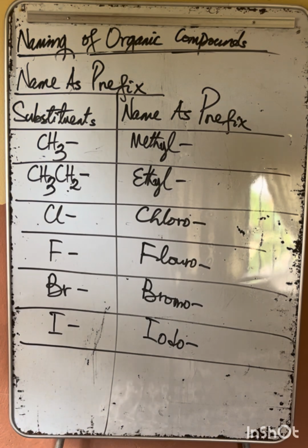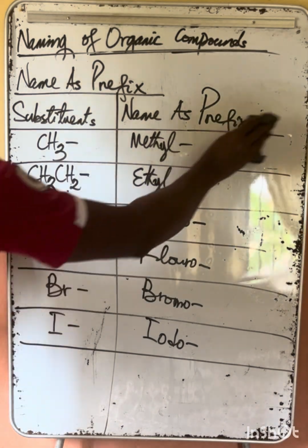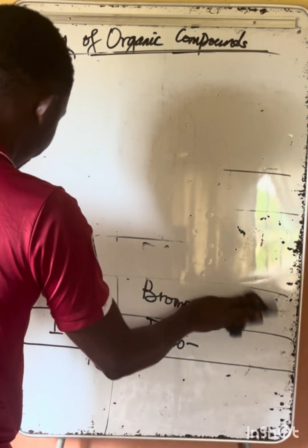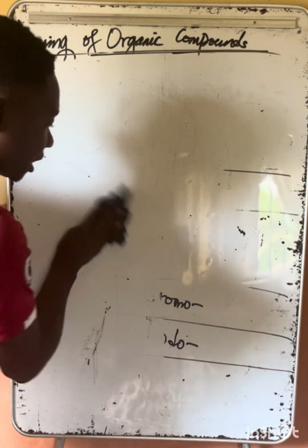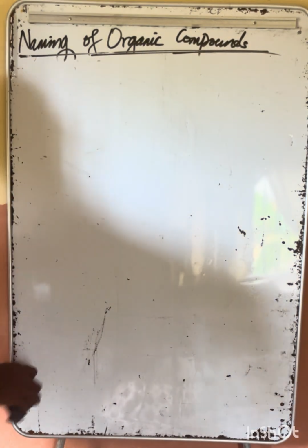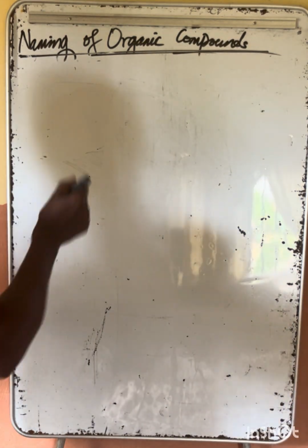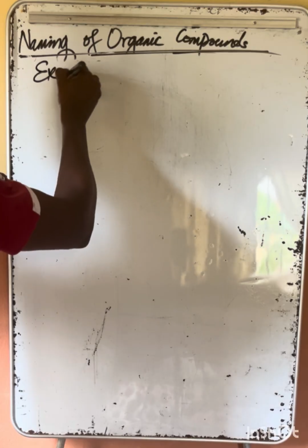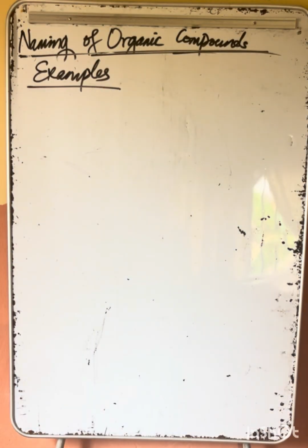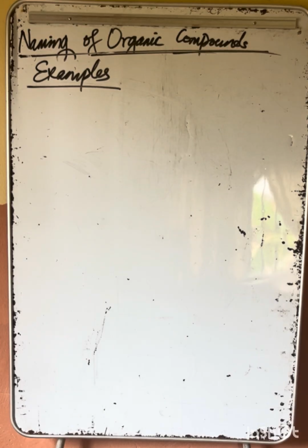All right, so having discussed name as roots, suffix, and prefix, it's high time we go over to taking the examples that follow. Now, before we begin to take the examples, there are some underlying rules that I may not state, but as we move on with the examples, the rules will be coming on board.